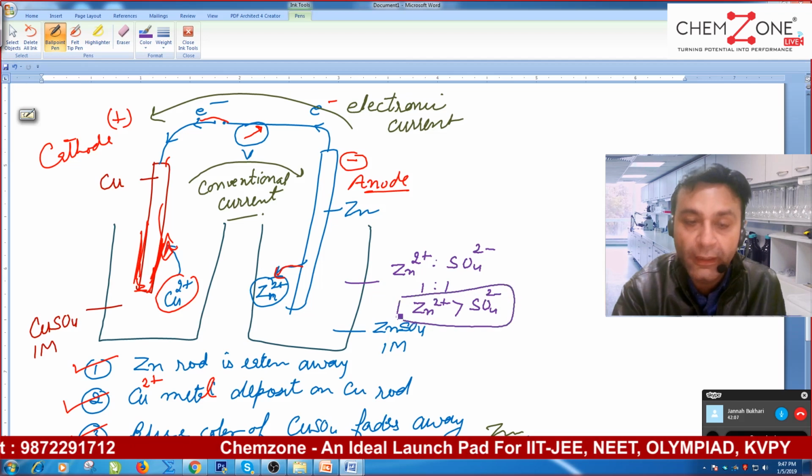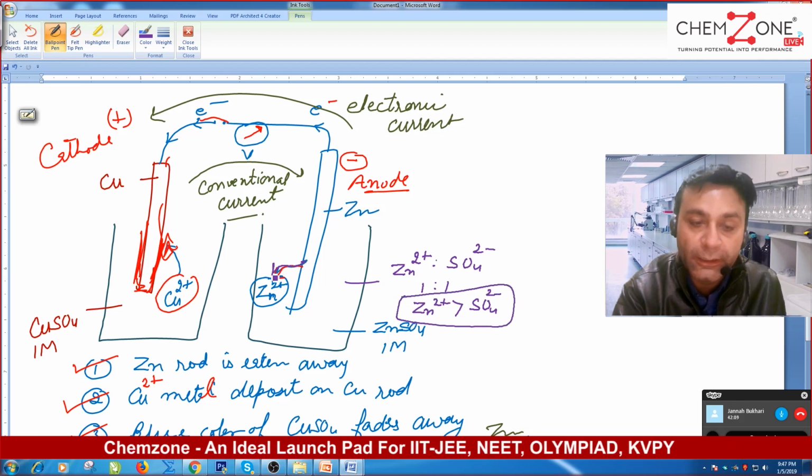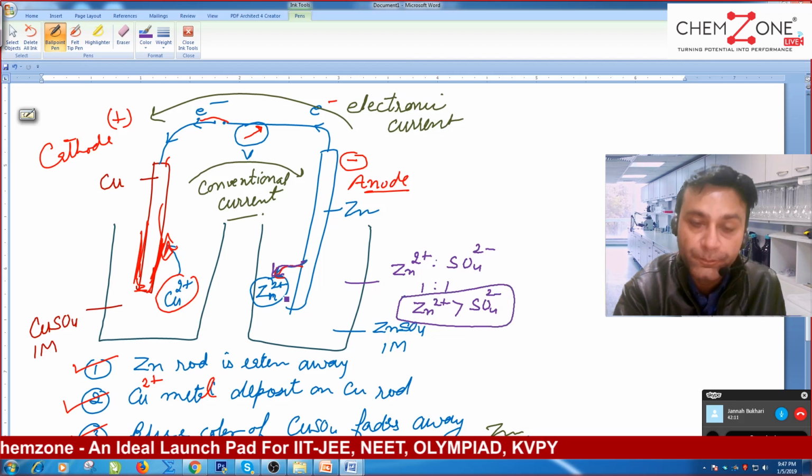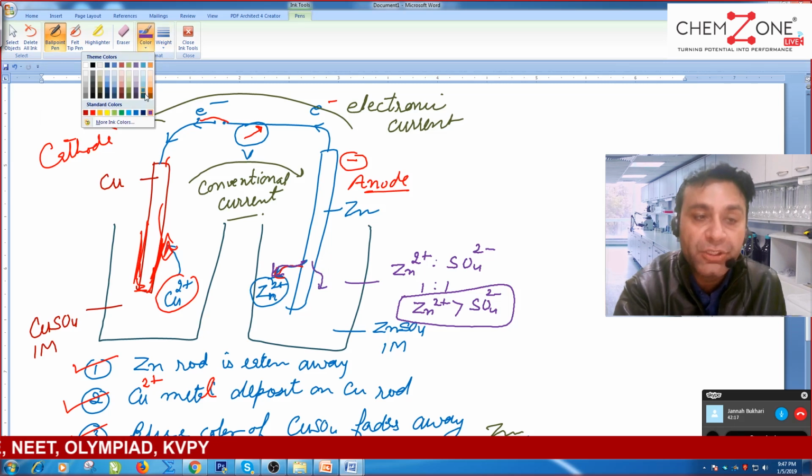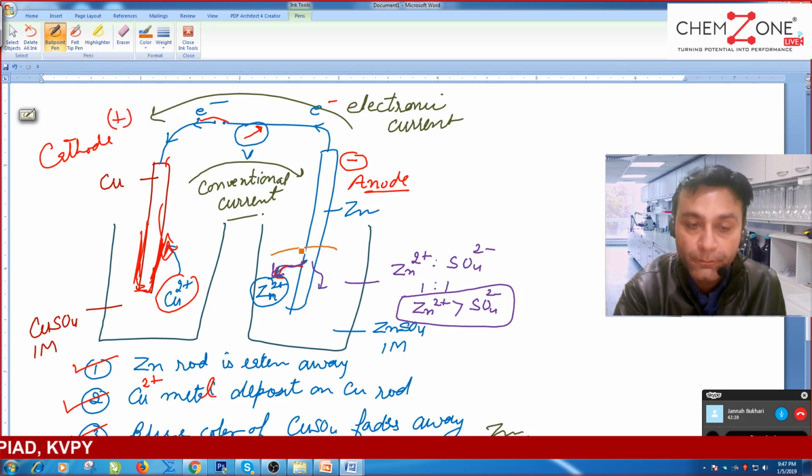You can see the zinc ions are getting added to the solution here. So the positive ion concentration will increase, and the solution will become positively charged.